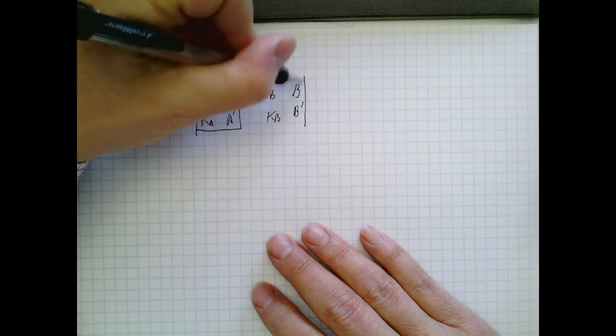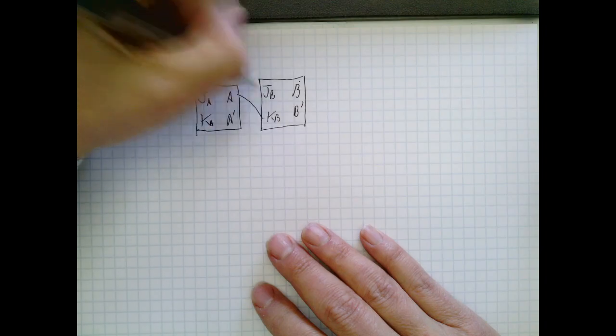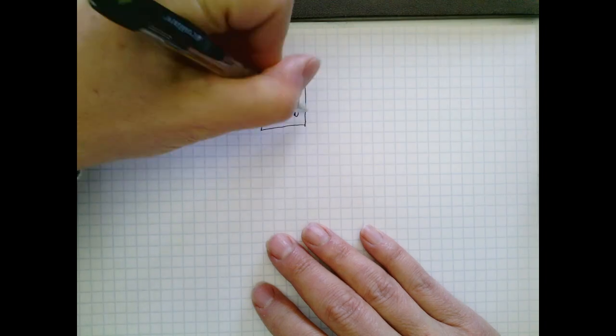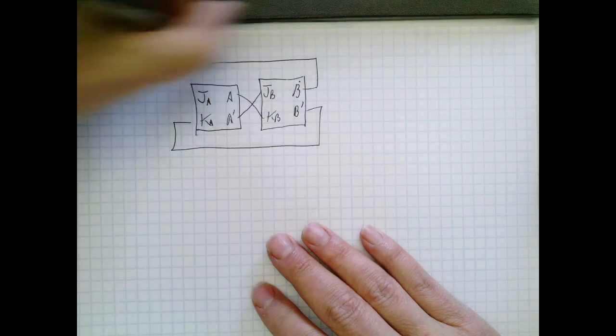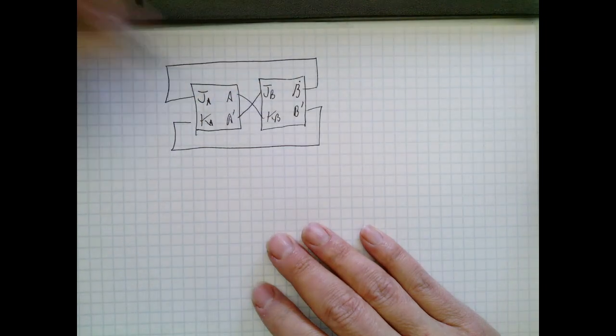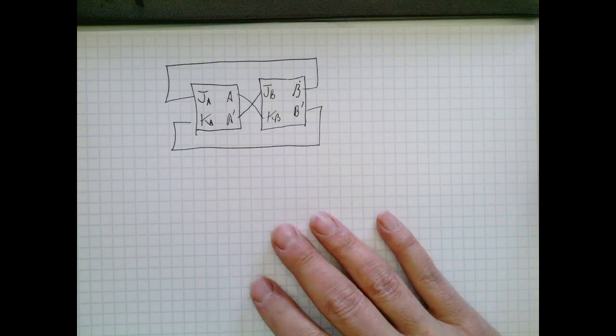We're going to connect them like that, and then connect them like that. Given the two flip-flops in the associated circuit, find the present state, next state machine. Draw the finite state machine diagram.